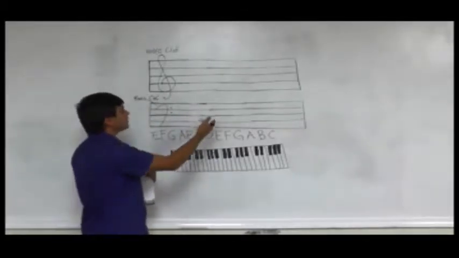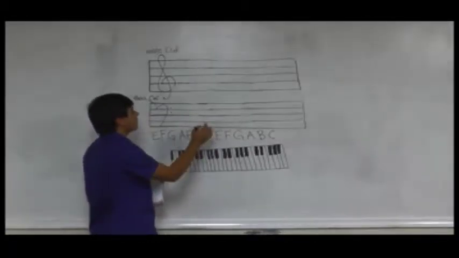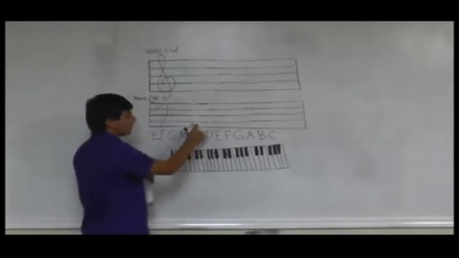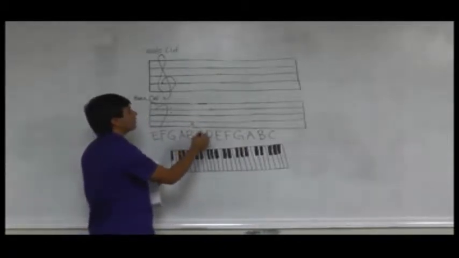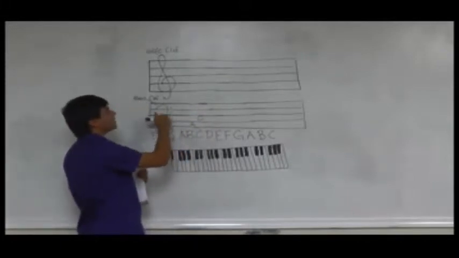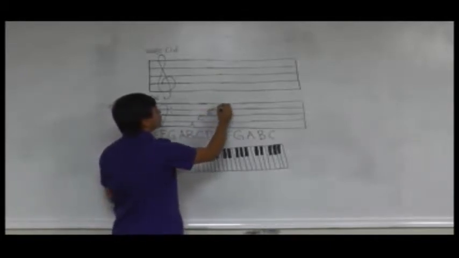So the following goes here. Starting on this first space here, the note A would belong here. The next one would be C, the second space on the bass clef. Remember, we're talking about bass clef right now. Next would be E, and then G.